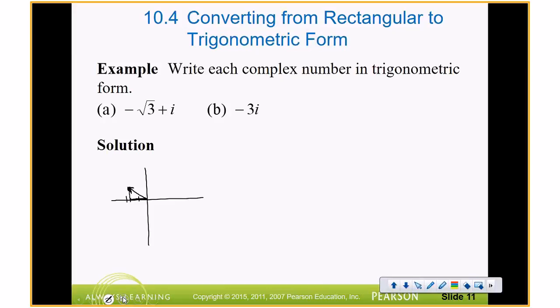All right, so here it is. So that's negative square root 3, and this is 1. So I'm going to go ahead and figure the magnitude. It's going to be square root of 3 squared plus 1 squared, which is 3 plus 1 is 4, so the square root is 2. Oh my gosh, we've got a special angle.